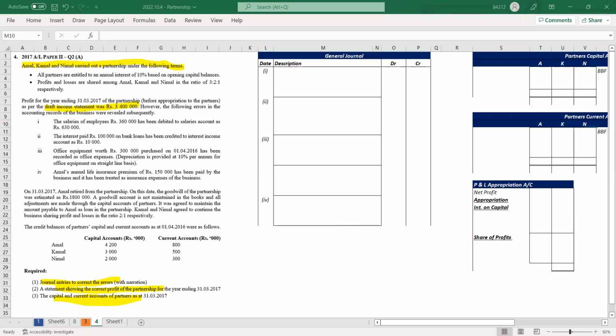Therefore, we also need a statement of adjusted profit.